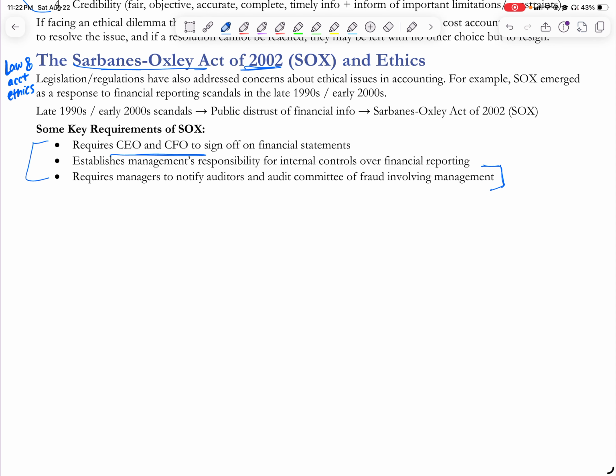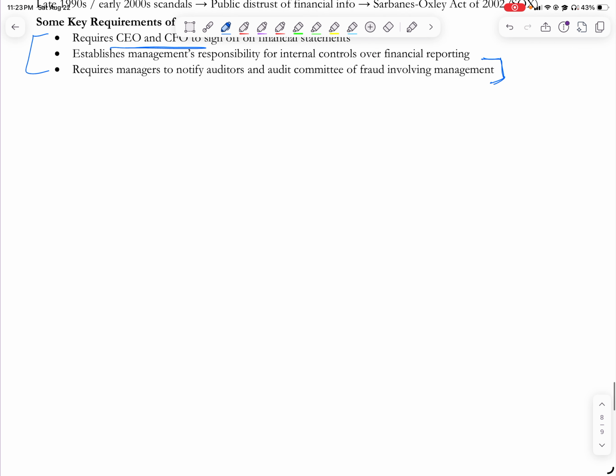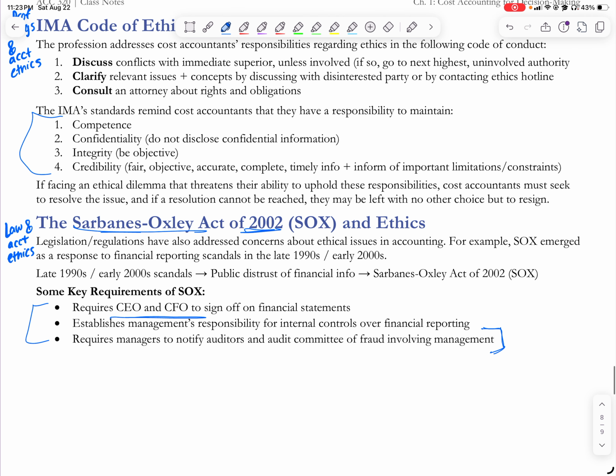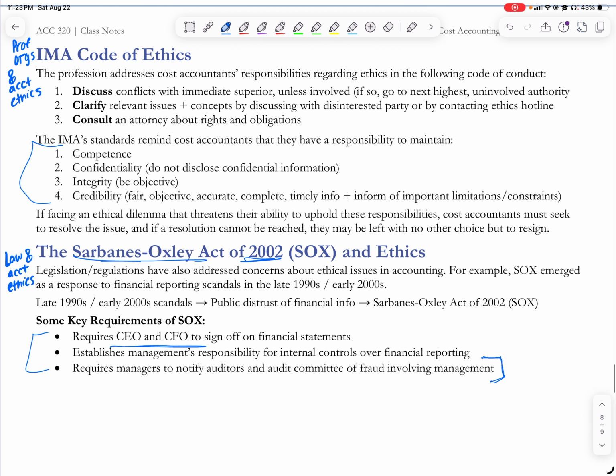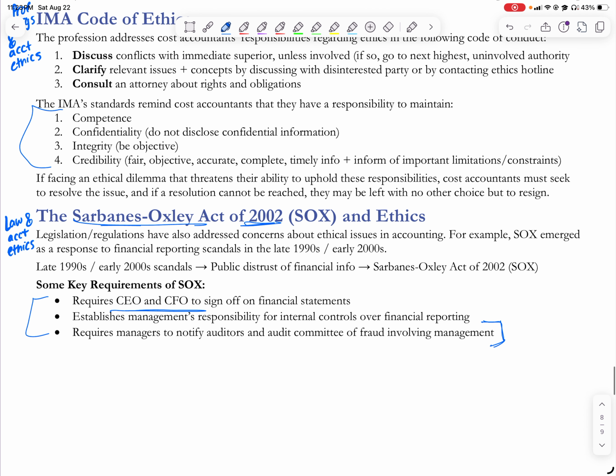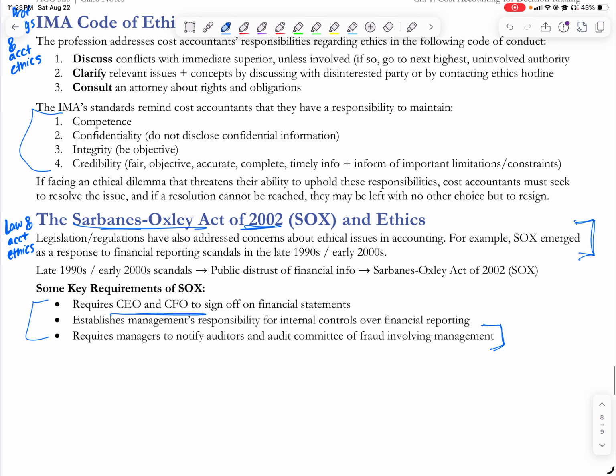It also requires disclosure of them. If they have any knowledge of any kind of fraud that involves management, it must be disclosed to the auditors and to the audit committee. It's like a subcommittee of the board of directors. So there are legislative concerns about ethics that have been addressed in matters of law.